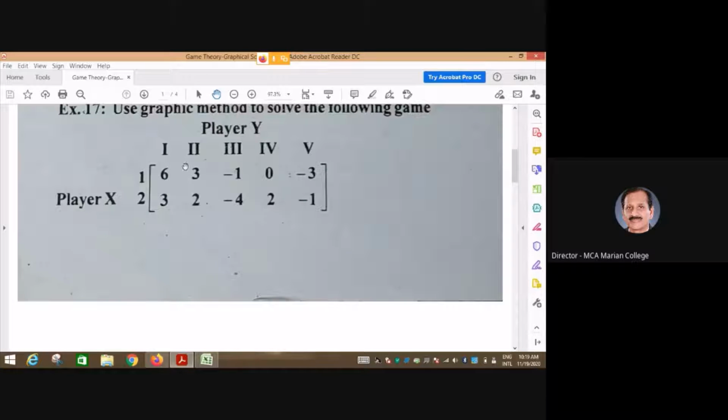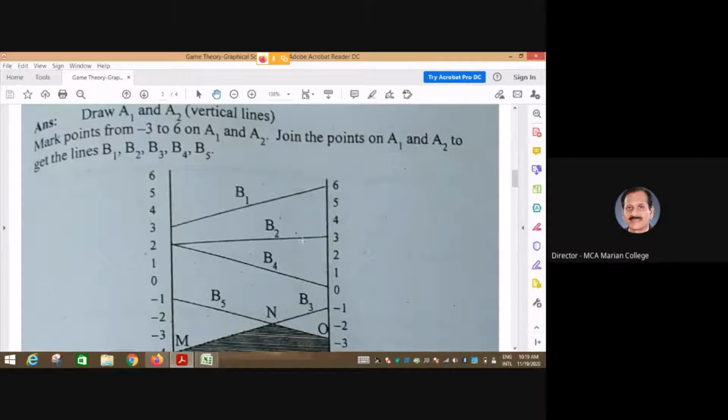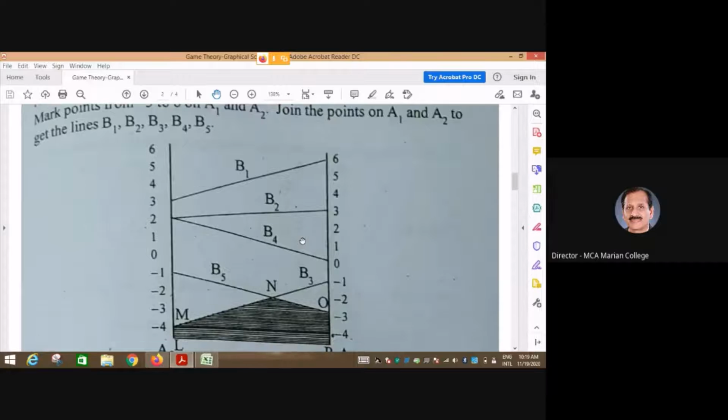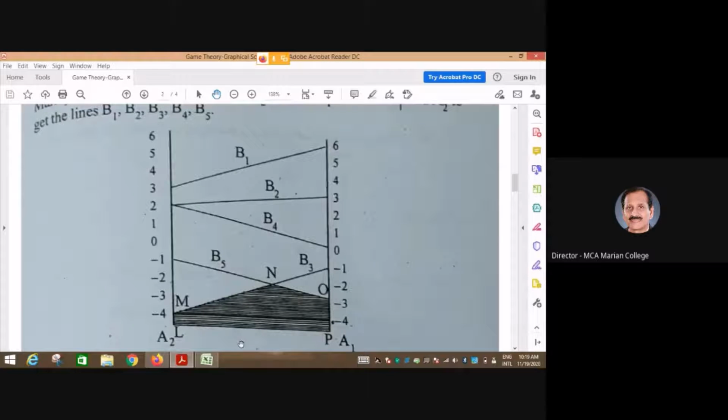Now the largest value is 6 and the lowest value is minus 4 in this entire payoff matrix. So you can represent points from minus 4 to 6 on both these lines.